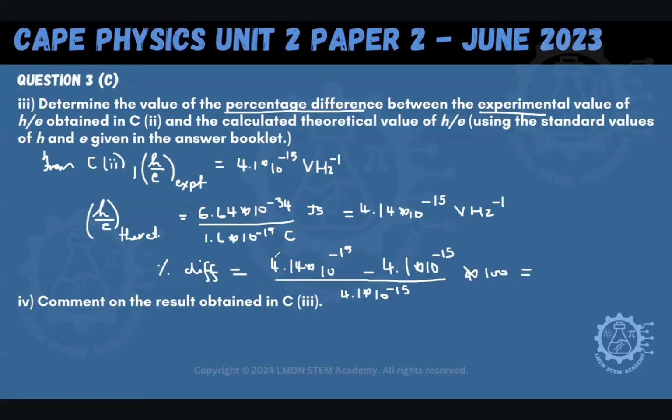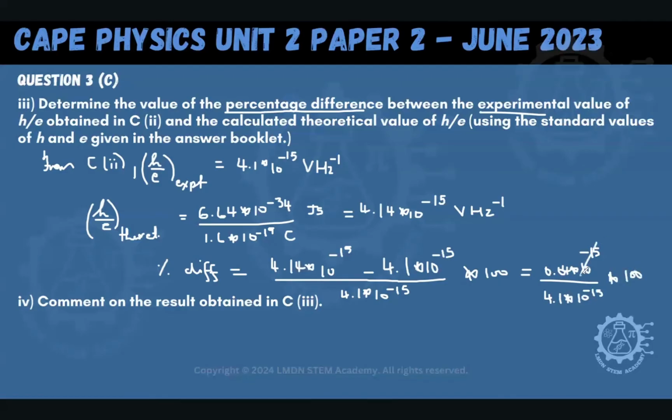When I do the difference on top, I come up with a value of 0.04. So I'm dividing 0.04 times 10 to the minus 15 by 4.1 times 10 to the minus 15, and then multiplying that by 100.